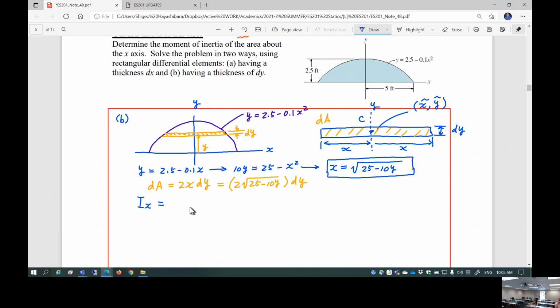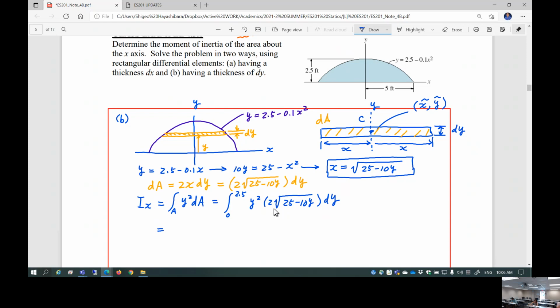Okay. So now I'm ready to determine the moment of inertia about the x-axis, Ix. So this Ix is obviously the integral over the cross-section area of y squared dA. This is the integral in the direction of y from 0 to 2.5 feet, y squared times this dA, which is 2 times square root of 25 minus 10y dy.